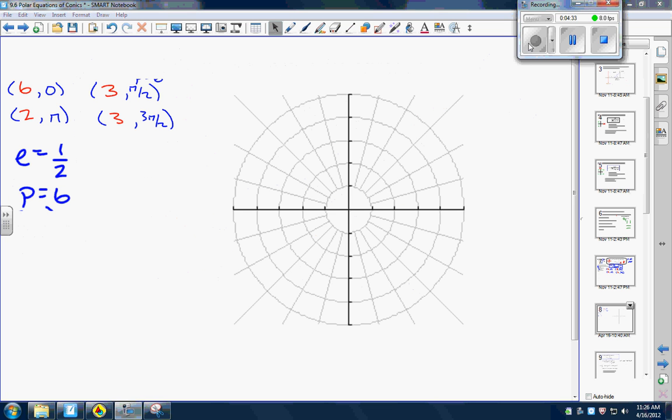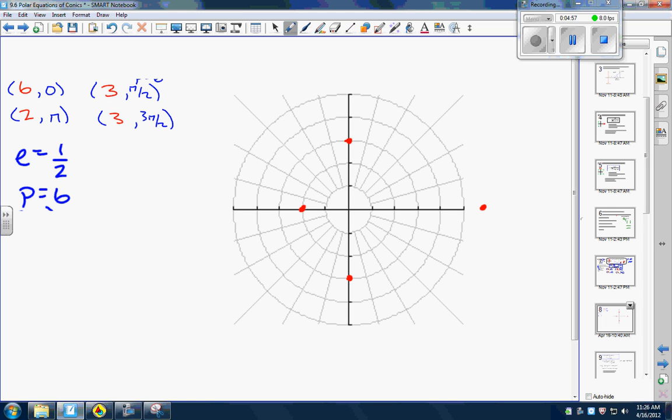So let's get all these points graphed here. We're going 6, so it's going to be a little off our grid here in the direction of 0. We're going 3 in the direction of pi over 2. We're going 2 in the direction of pi. And we're going 3 in the direction of 3 pi over 2.